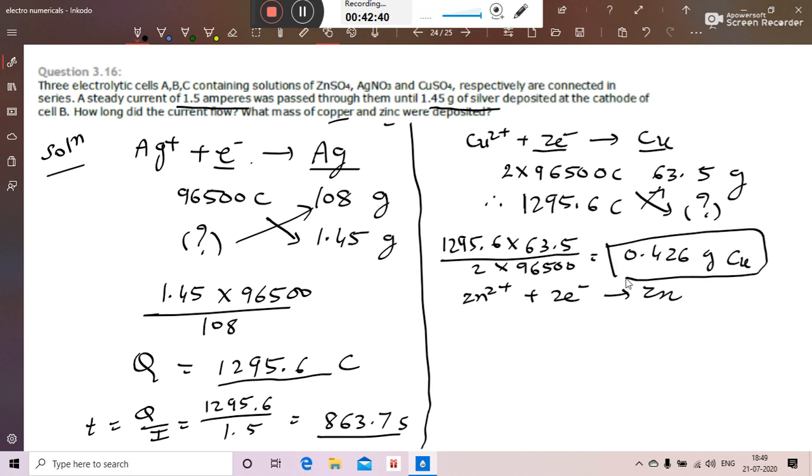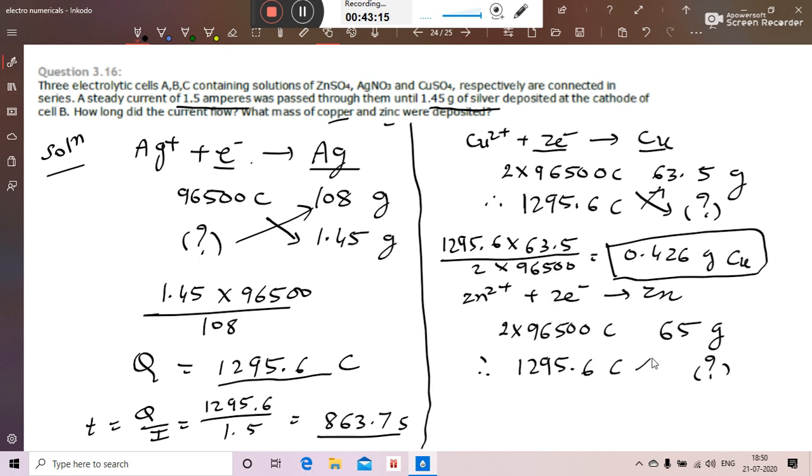0.426 gram copper. Now for zinc also, 2 moles of electrons are required to produce 1 mole zinc. That means 2 into 96500 coulomb. So that will produce 1 mole of zinc, and the molar mass of zinc is 65 gram. So 65 gram zinc is produced. Therefore here also the same amount of charge is passed, that means 1295.6 coulomb. So when you are passing this amount of charge, what amount of zinc should be produced?